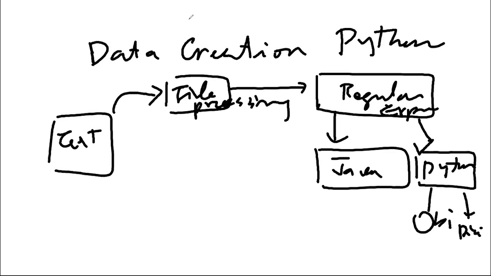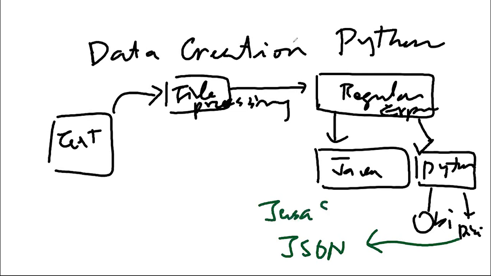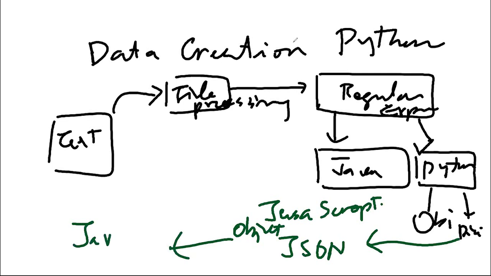Then from there, we will convert back to a JSON file, which is JavaScript Object Notation, and this can be used for JavaScript. So we are trying to connect it that way. Today our topic will be Python object-oriented programming, dictionary, JSON, and go back to JavaScript.